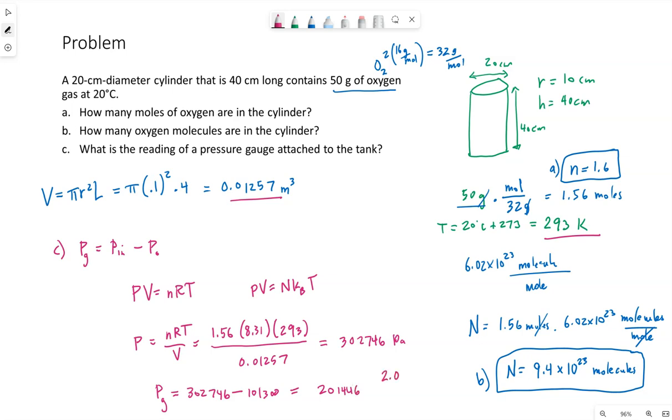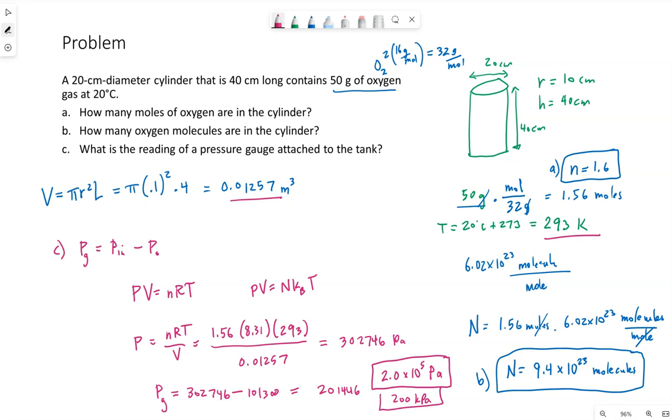So 2.0 times 10 to the 5 pascals would be the gauge pressure. If you wanted, this would be approximately 200 kilopascals, if you like prefixes better than scientific notation. But again, I would write it as 200 and not 201 simply because I only have 2 sig figs.